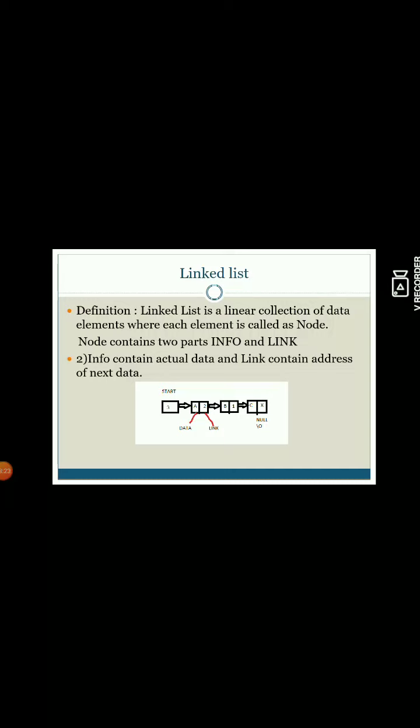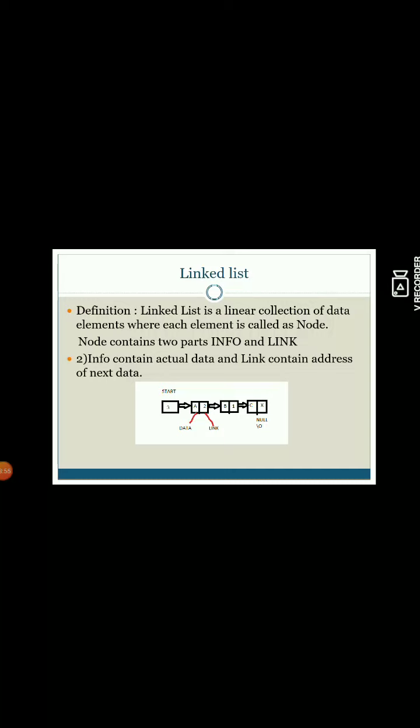So here in the example, A, B, C are the data. Now in every node, the second part is called link, or I can say next. What can you store in the link or the next? Always you have to store the address of the next node in that particular link part.